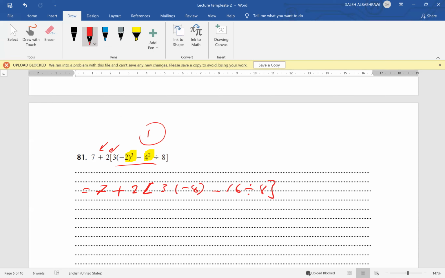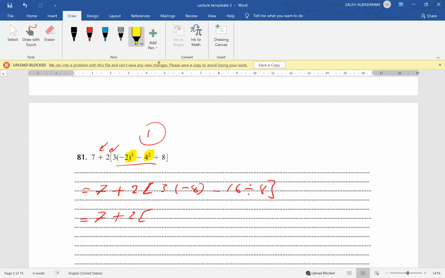In the next step, the second step, this will equal 7 plus 2 multiplied by. I need to simplify what is inside the brackets now: 3 times minus 8, I have multiplication, subtraction, and division.